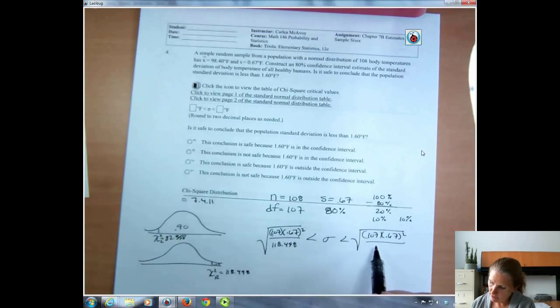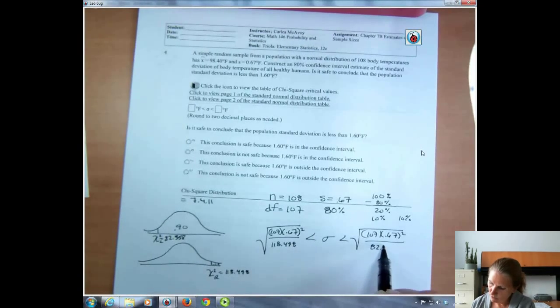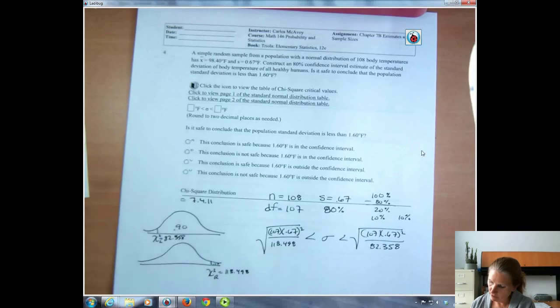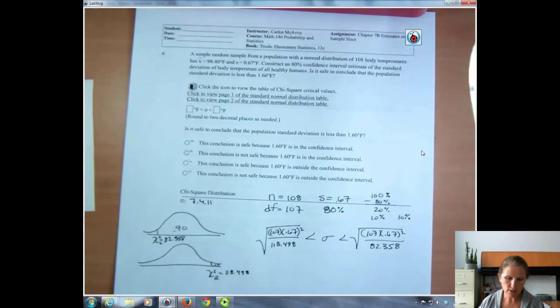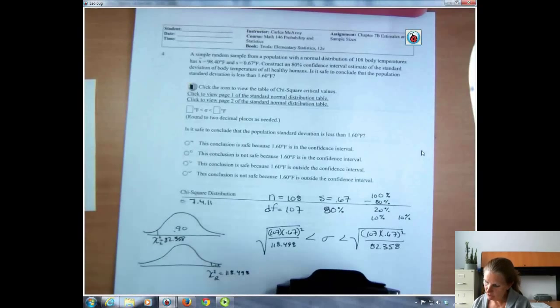And on the left I had 82.358. Maybe I'll do one more just to see if I'm getting the same calculations. You can see on the chart that I've found the right numbers if I'm reading them correctly.